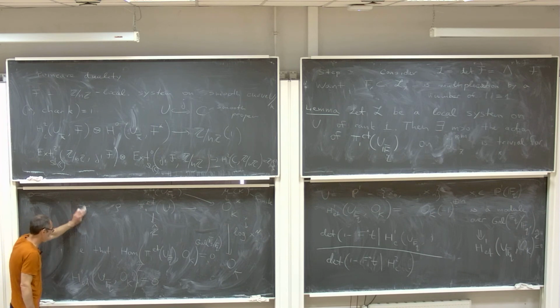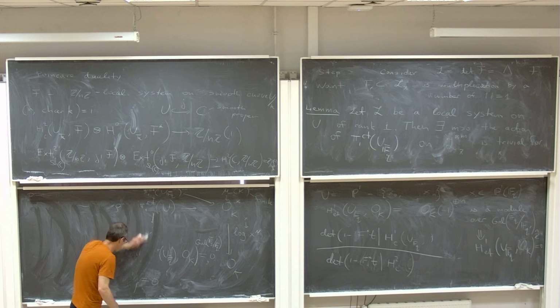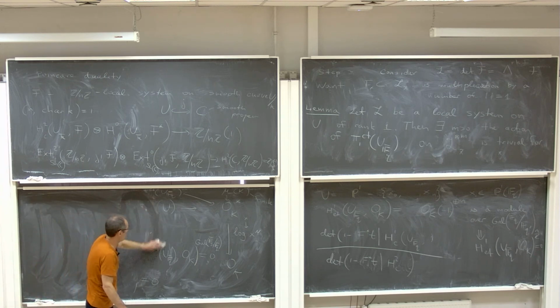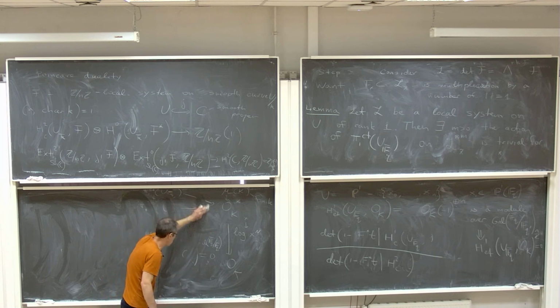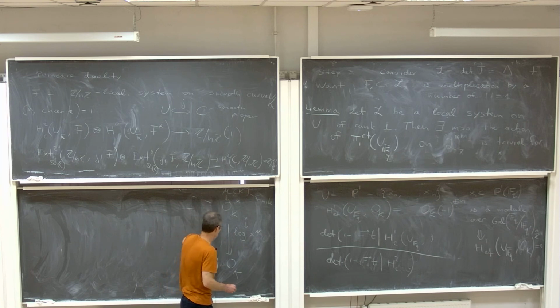So in the case when F is a trivial local system, we know the result. We computed homology with constant coefficients with compact support.